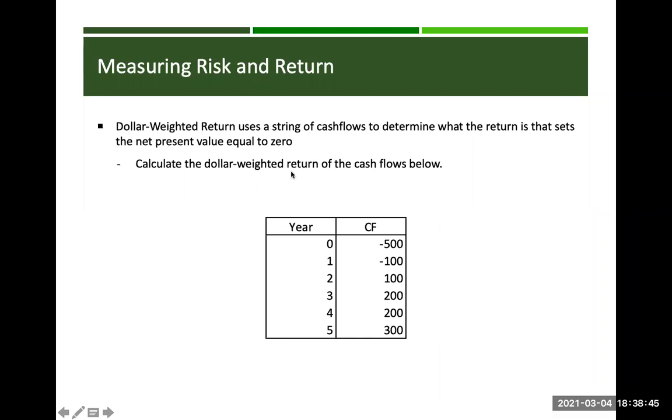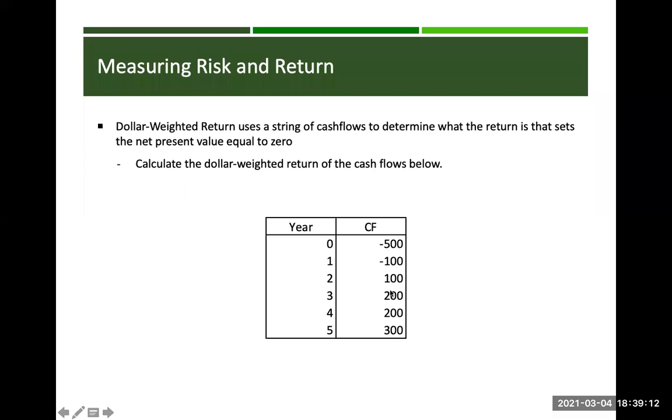All right, so yet another form of dollar-weighted return. Now, this is probably something you would have gone over in a business accounting class. It's the internal rate of return of these cash flows. So the initial outlay is 500. The subsequent outlay 1 year later is another 100.